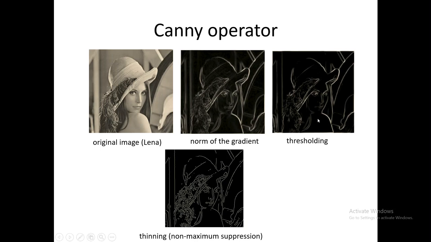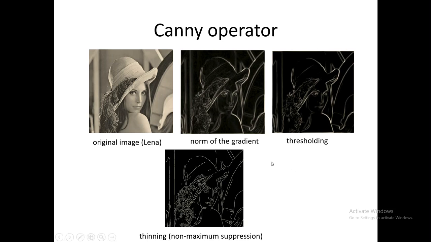And then we do an operation called thinning, which we call non-maximum suppression. In the thinning we can see the thinnest version of the edge.